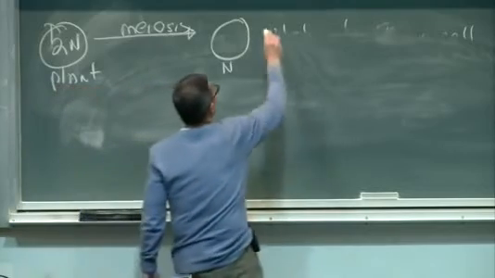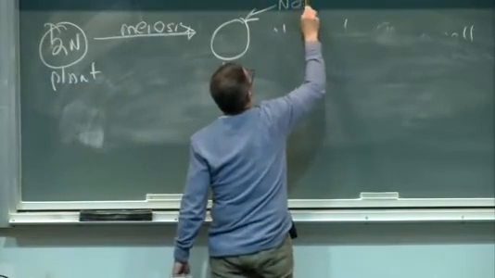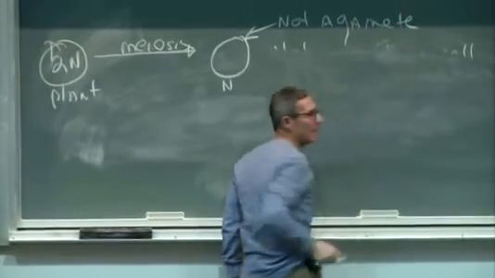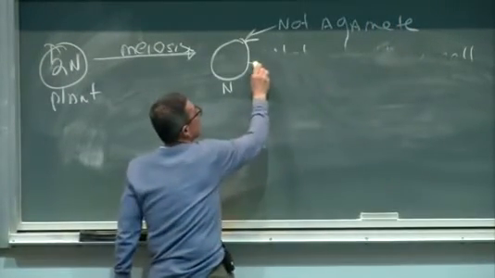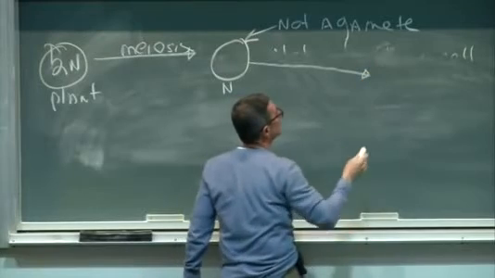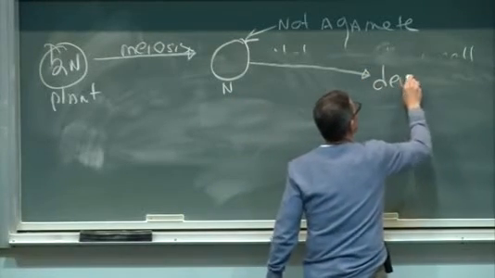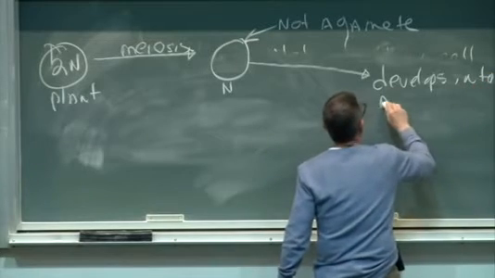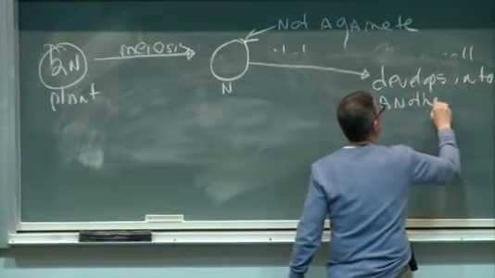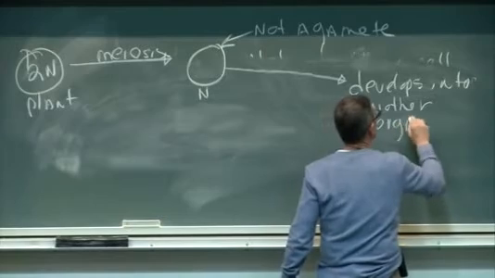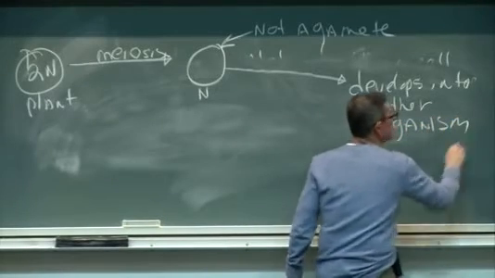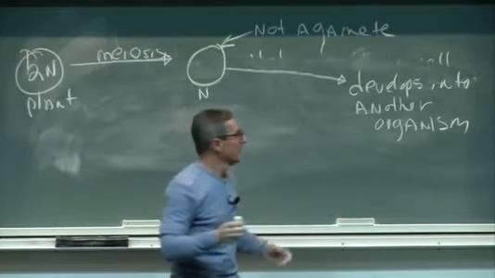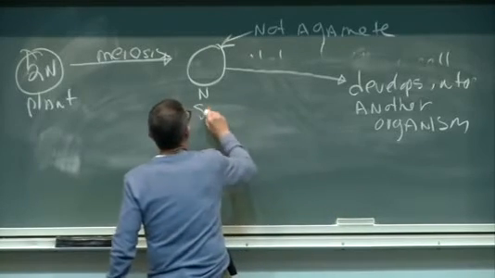But this N structure is not a gamete. In fact, what happens is this N structure develops into another organism. A whole new organism develops from this. This is a spore.